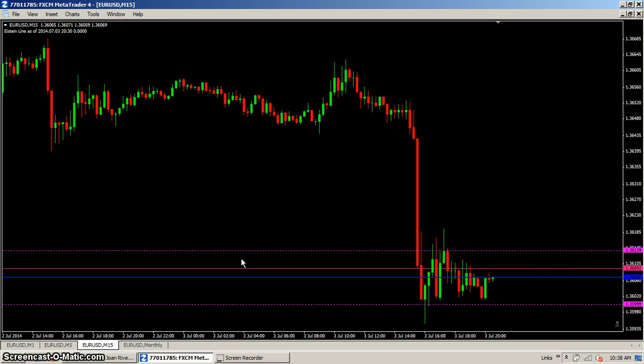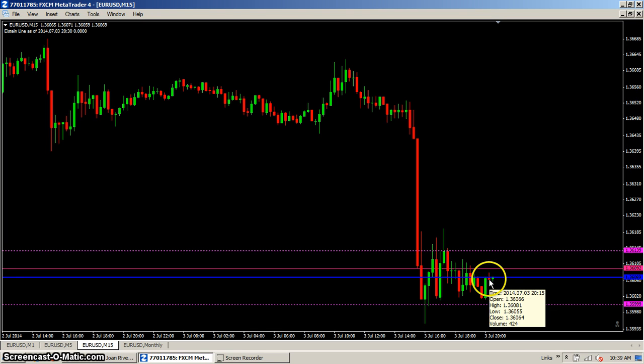And so the Einstein indicator says this is where we start, right here at this level. Everything is relative to that level. And we want to trade away from the line, so we're either going to trade long or we're going to trade short.